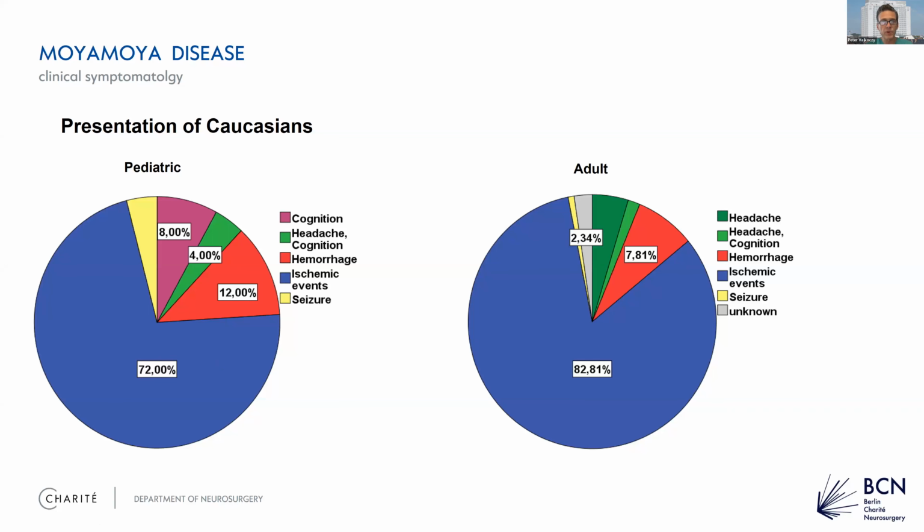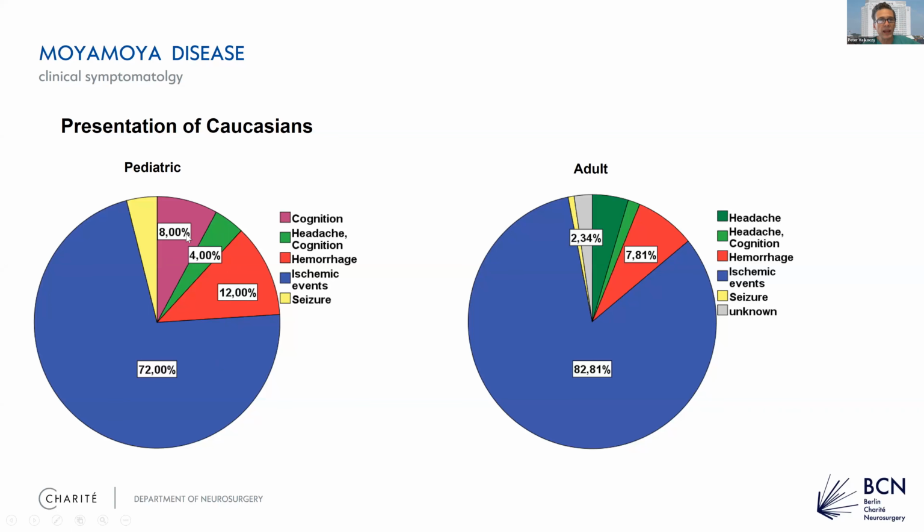But then the other presentations are in a way different. Both will present also with hemorrhagic stroke, 12%. It's a little bit more in the pediatric group than in the adult group. 12% of the pediatric population will present with hemorrhage. 4% of the patients, the only thing that is described is headache and neurocognitive decline.